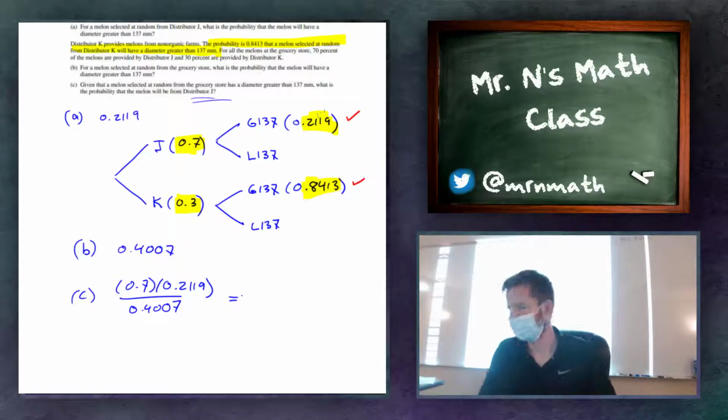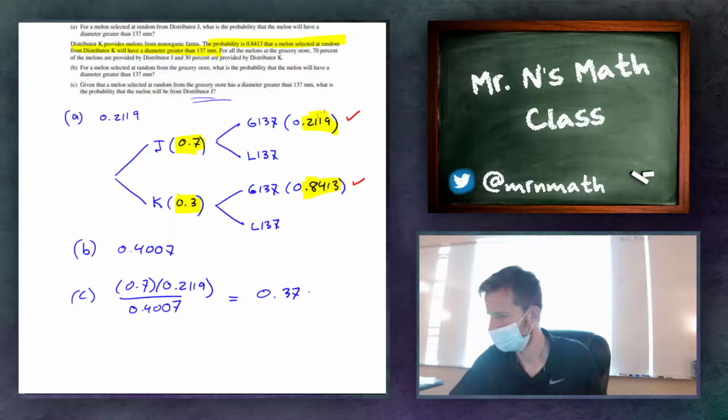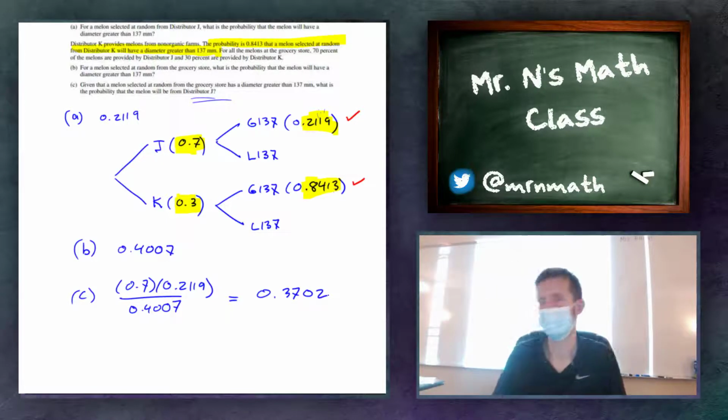And what does that end up being? 0.14833. That's the numerator, and after you divide, 0.37015. I was just talking about the numerator. Got it. Okay, cool.